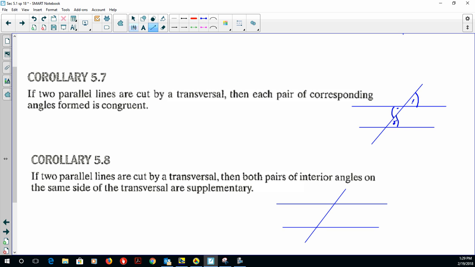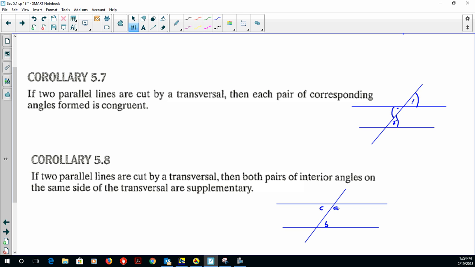Well, you know that A and C are supplementary because their exterior sides form a straight line. And you know that C and B are congruent. So A plus C is 180 measure. C and B have the same measure, so A plus B must be 180 as well.